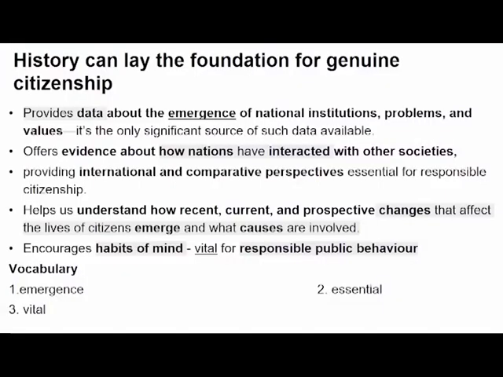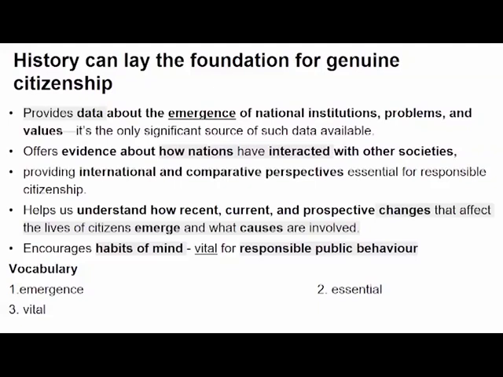Okay, if we look at history, it provides us with data about the emergence of national institutions, problems, and values. If we think about it, it's the only significant source of data that's available to us. It offers us evidence about how nations have interacted with other societies, and it also provides international and comparative perspectives that are essential for responsible citizenship.